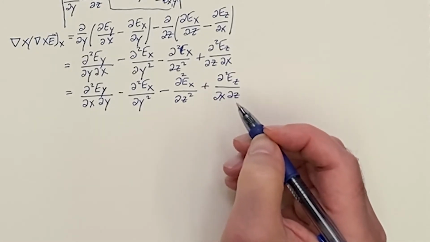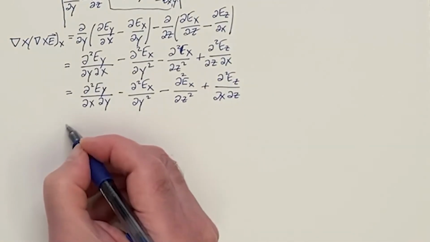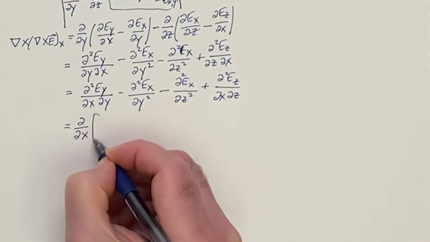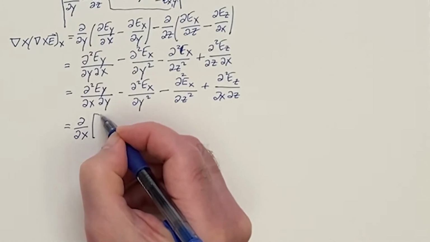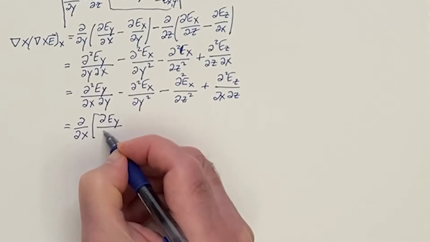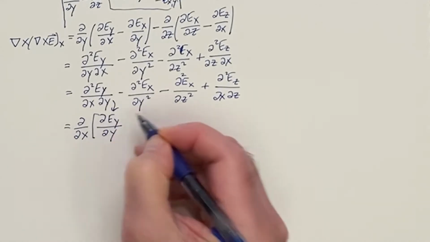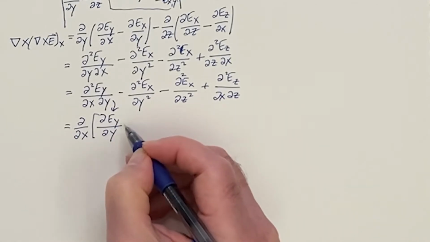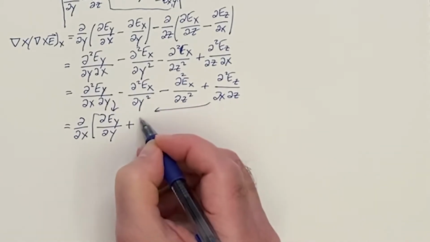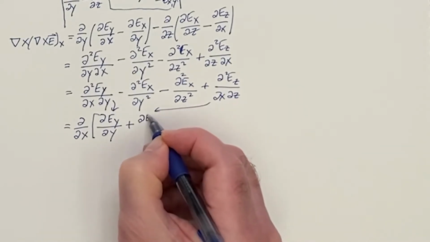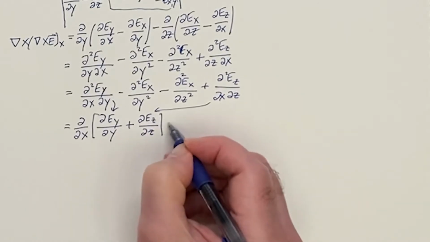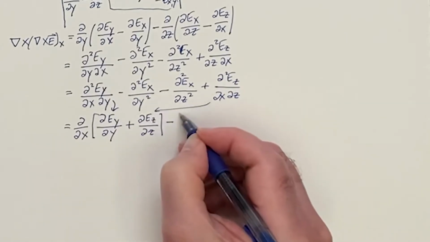Okay, what's next? We're going to do a kind of factoring. Take the partial with respect to x. It's a little rearrangement. And then here's Ey with respect to y. That's that one. And then here, we're going to put this next one from over here. This will be then the partial of Ez with respect to z, like that, and then minus the other two terms.